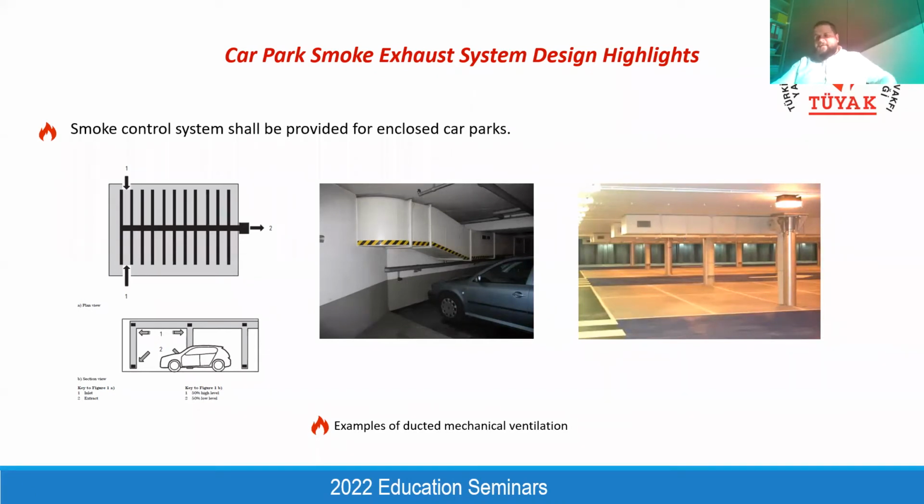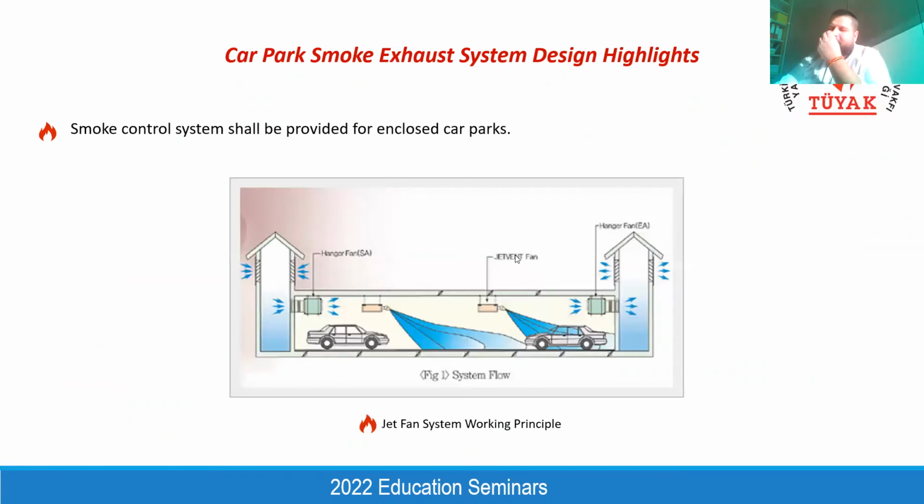For car park areas, you have a required clear ceiling height, and if you provide a hard ducted system, you need to add the height of this duct onto the floor, and it ends up with higher floors, higher ceilings, and fewer basement floors. That's why the optimization between the required clear height and the required number of basement floors should be done by architects to decide which system will be used.